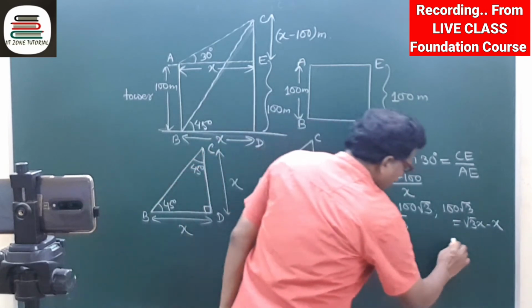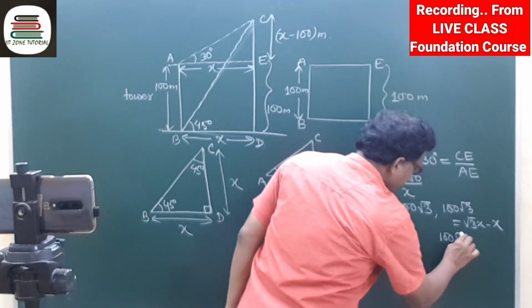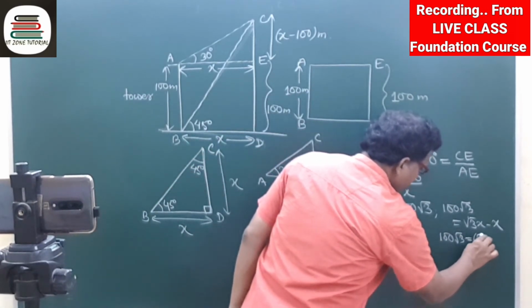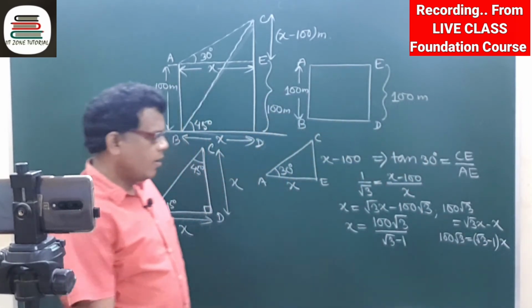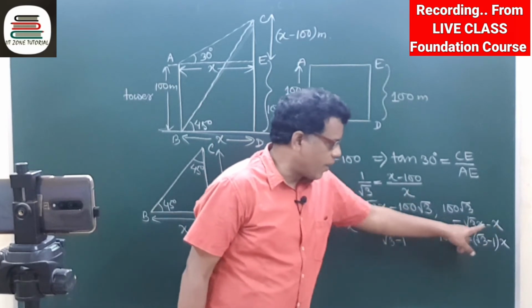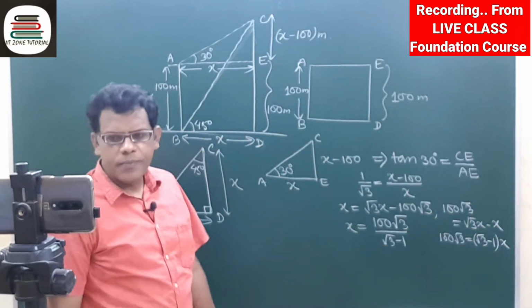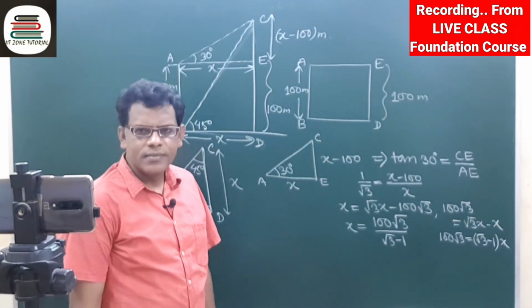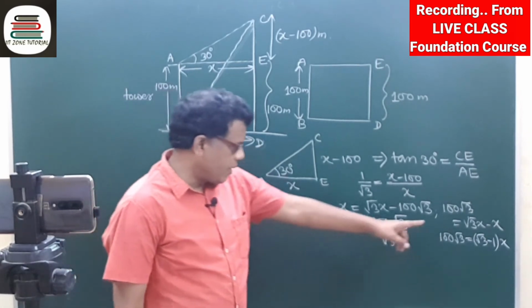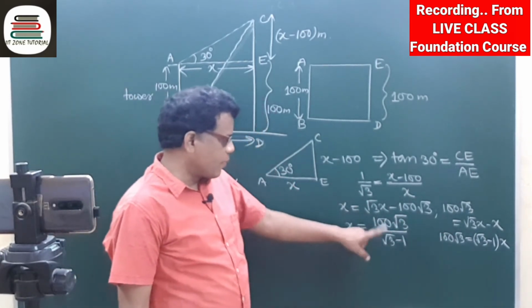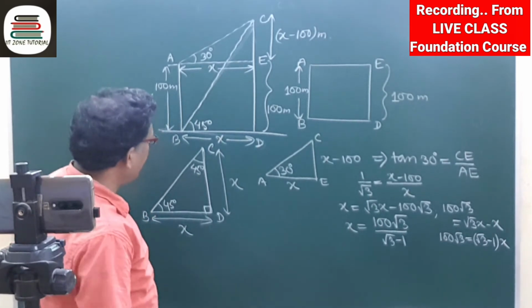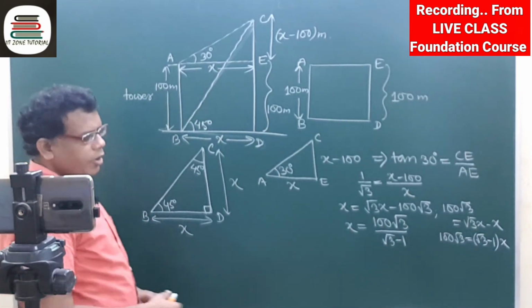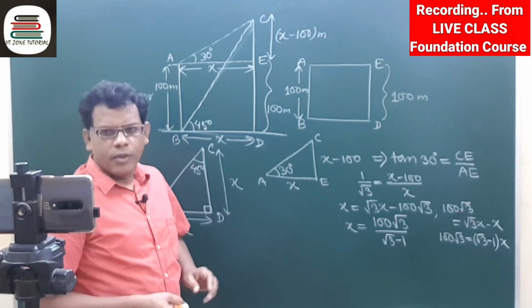And from this part further I can write down 100 root 3 is equal to root 3 minus 1 into X, because X was a common factor in RHS terms. Okay, so from there I can express X like this, 100 root 3 divided by root 3 minus 1. Got it? Could you follow the calculation?